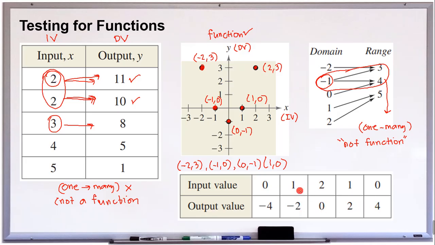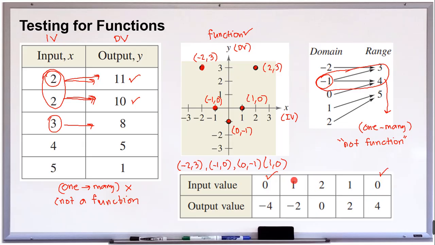So we are going to determine whether we have a one to many relation or many to one relation. We found out that we have two identical input values. These are 0 on this column, and we have 0 on the last column.